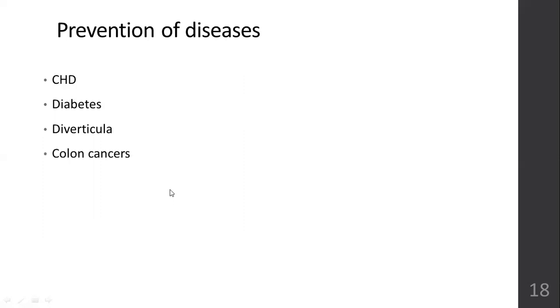Colon cancers: several mechanisms have shown that dietary fiber can help prevent colon cancers that run in the family. Then definitely weight control, because when you are having a fiber rich diet, even if the bulk of the diet is small, if it is fiber rich, you will feel satiated.